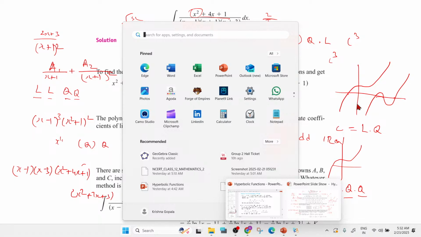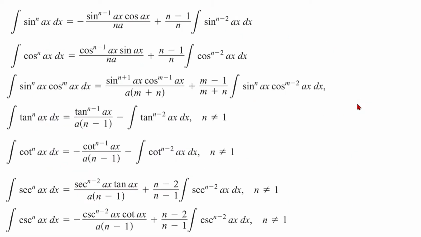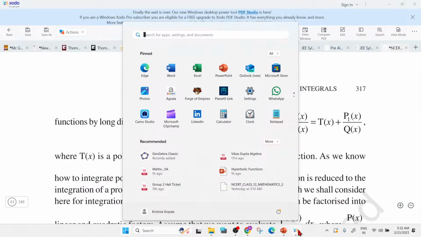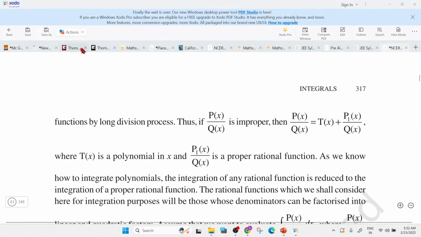So this you understood, no? Let's take some more examples from our book.